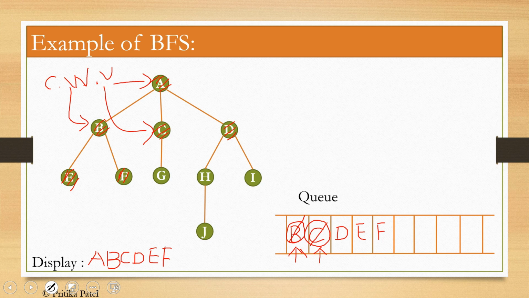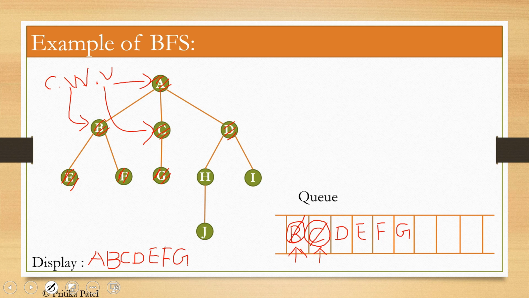Yes, that is G. So visit this vertex G and mark it as visited, then insert it in the queue. G is inserted in the queue and displayed.